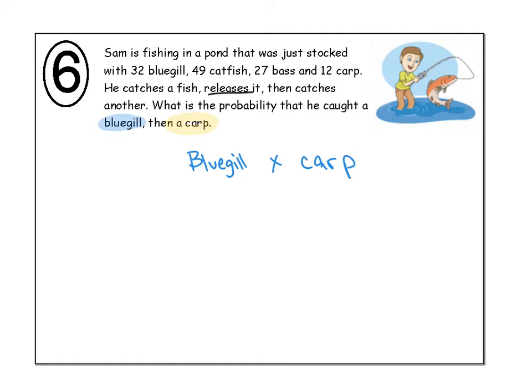So first things first, let's figure out how many total we have. 32 plus 49 plus 27 plus 12, so that's 120 total fish. We're putting possible out of total, so total fish is 120. And then we're getting specific about the bluegill.